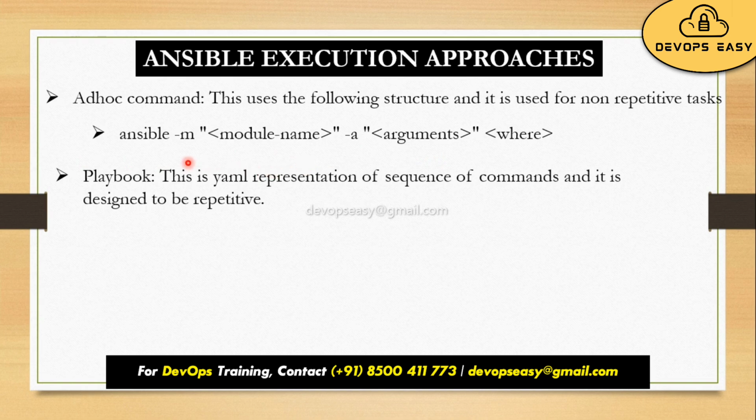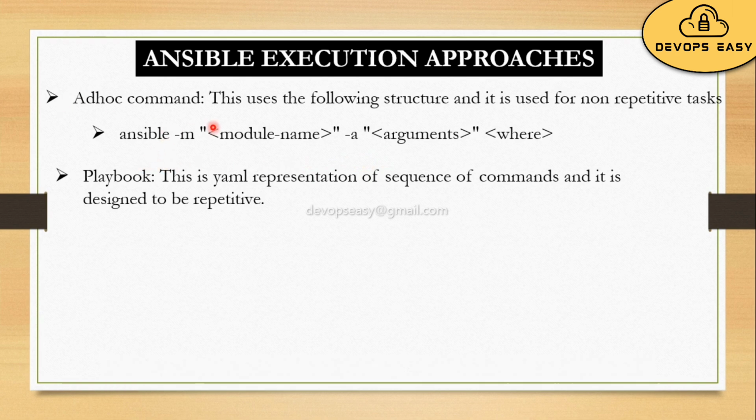What I did was ansible -m ping. You can directly do that using an ad hoc command. What is an ad hoc command? We are going to learn. So you can work two ways in Ansible. One is using an ad hoc command. Another one is using a playbook, which is nothing but a YAML file.